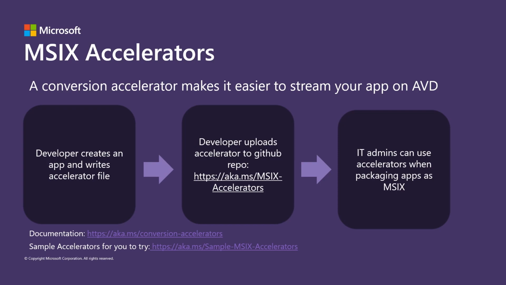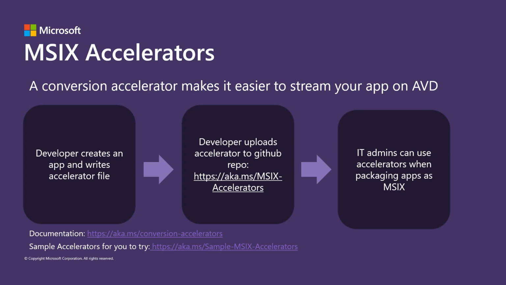What a developer or IT pro, whoever is distributing apps, needs to do is go to the accelerators repository where we have a bunch of these remediation approaches documented and add one of those to a YAML file. The accelerator itself is a simple YAML file. And then use the MSIX packaging tool to convert your app with that accelerator.